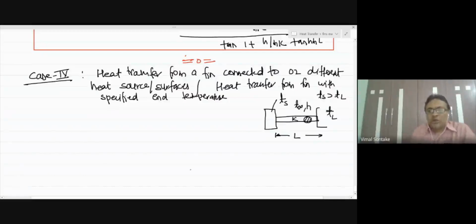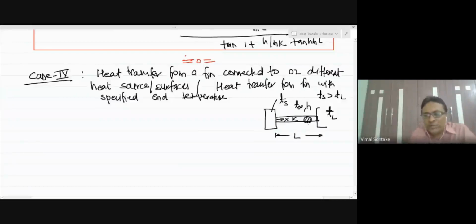So how can the temperature distribution equation be given for this case? See here, the left hand face is connected to one source at temperature Ts, and the tip side is connected to another source at temperature TL. Ts is greater than TL, so heat transfer will take place in this direction.